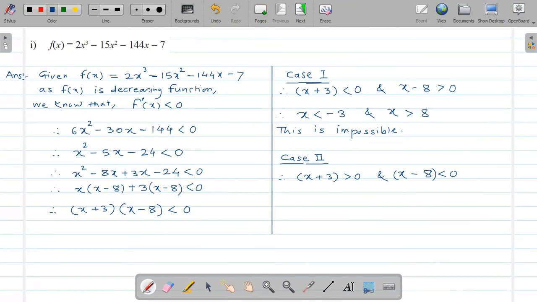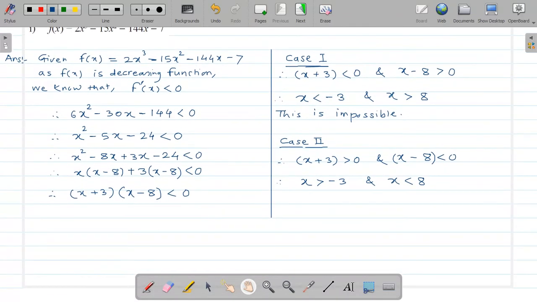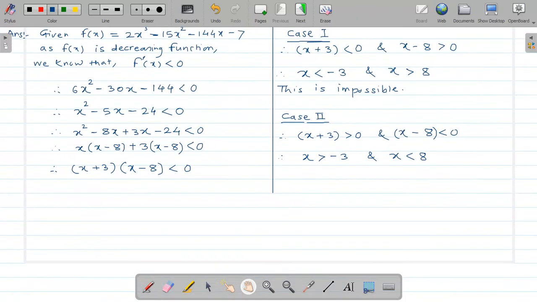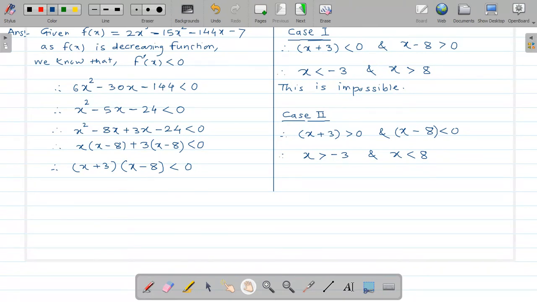So positive into negative, again you will get negative. So this is also a possible case. Now from this we get x greater than minus 3 and x less than 8. So we have to find the real numbers which are greater than minus 3 but less than 8. So here this condition is possible.